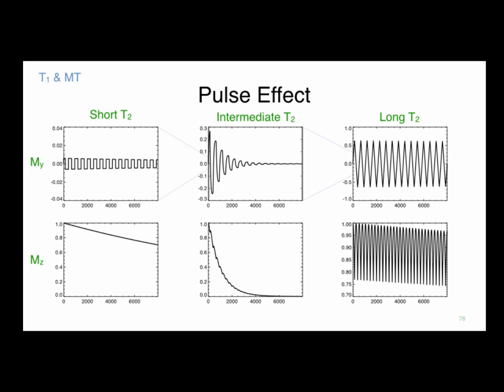So water, for example, the spins just flip back and forth, and in the end they restore to where they came from. So spins with a very long T2 are not affected by this pulse. Spins with a shorter T2, however, get excited and they relax before the next pulse can tip them back. So effectively that leads to a high level of saturation of the lipid spins.